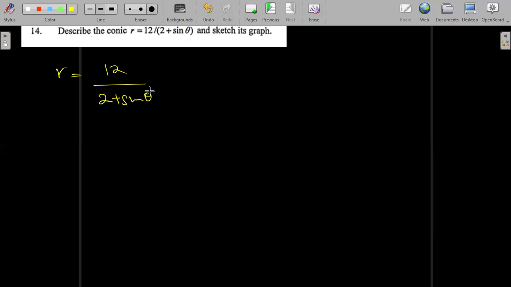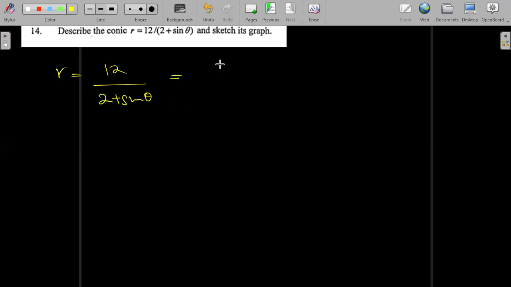So in order to identify, we can easily put this in standard form, such that we're able to find the eccentricity, the P, and all those things like we previously did.